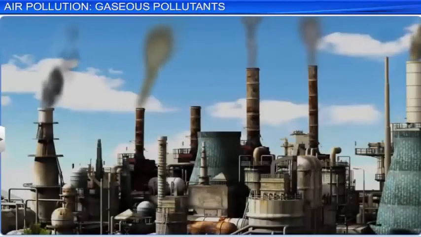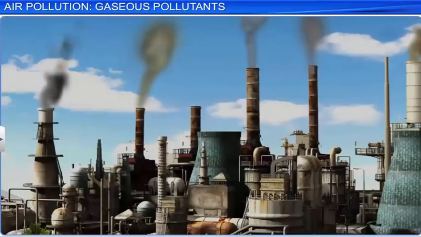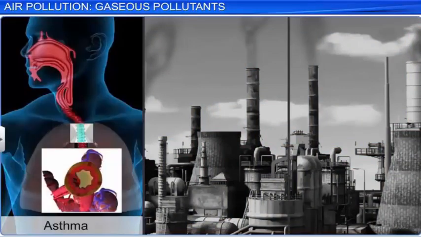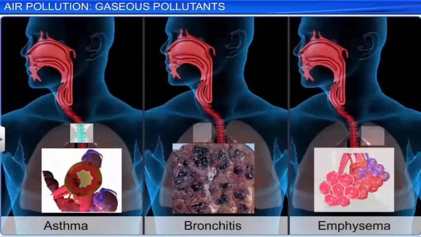Burning sulfur containing fossil fuels produces the oxides of sulfur. The most common oxide among them is sulfur dioxide. This gas is poisonous for living organisms and causes respiratory diseases like asthma, bronchitis, and emphysema in humans.